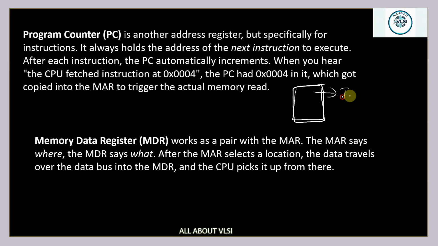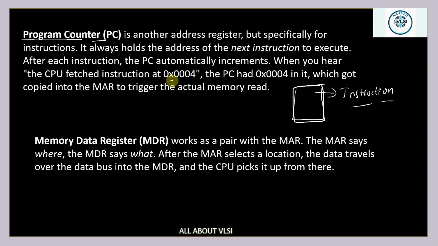If the instructions are stored inside this memory, how is the processor going to know which instruction it should fetch next? That particular address will be given by the program counter. Basically, the program counter tells you which instruction should be fetched in the next cycle, which particular instruction is to be executed, right?